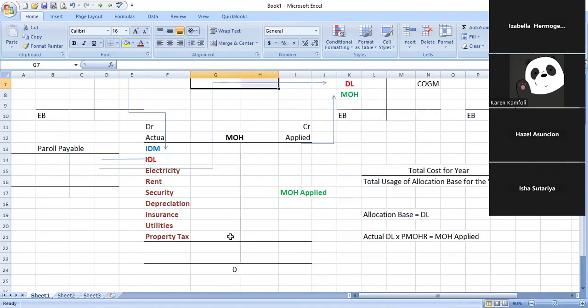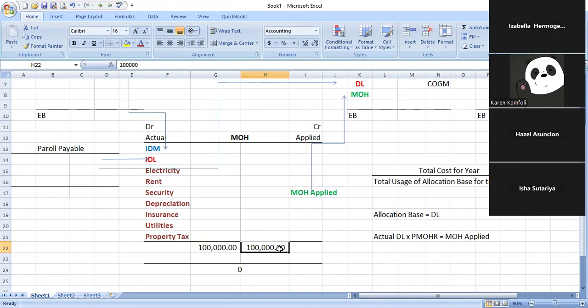Technically we have two scenarios here. Let's say we're calculating the actual cost, and actual cost is $100,000. Option one: the applied is exactly the same, which usually never happens. But if the actual is exactly the same, then the balance naturally is zero.